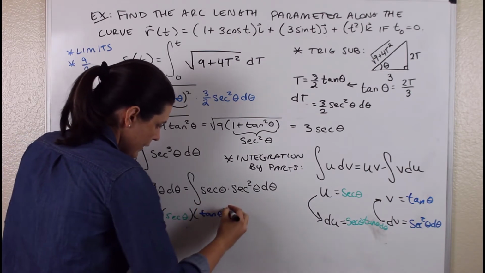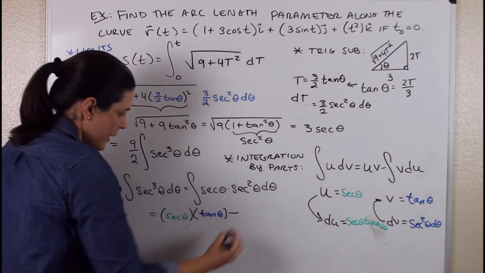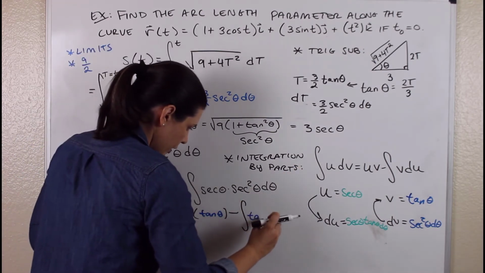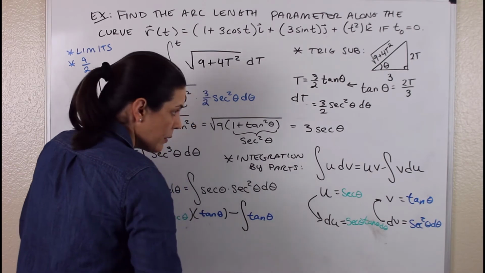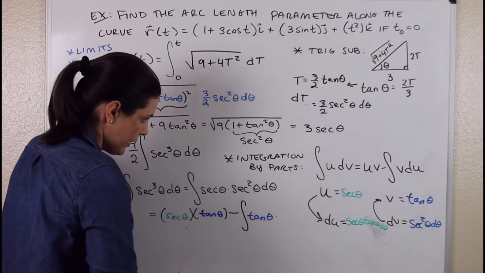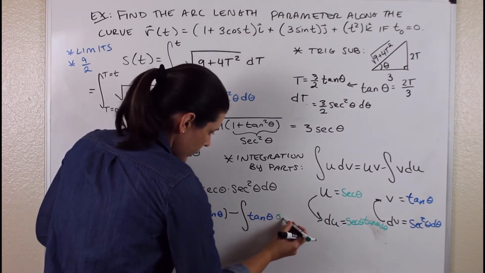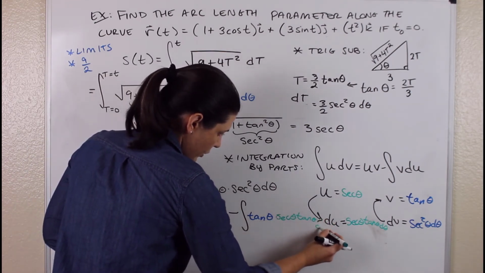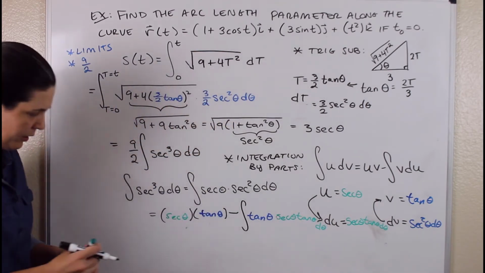And then minus, because the formula has minus, the integral of v, which we figured out was tangent theta, times our du. So then du was this part, secant tangent. So secant theta, tangent theta, squeeze in the d theta right there.